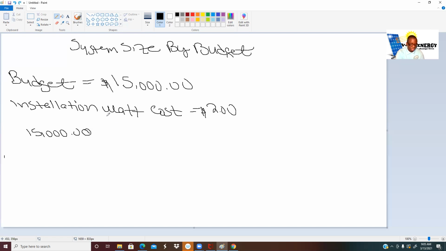Oh no, come on. I'm trying to learn how to use this pen. Technology has its own pros and cons. 15 grand divided by what? The installation watt cost, which is $2. All right.